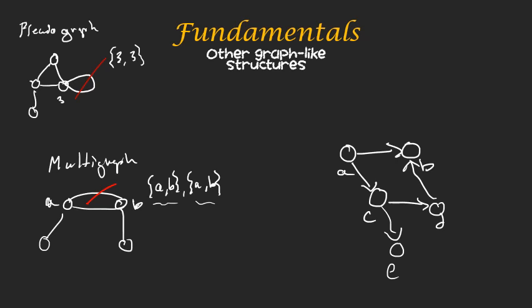The vertex set is the same, just a set of vertices, but the edge set now is different. The edges aren't unordered sets anymore, they're ordered sets. These are typically called arcs when there's a directionality to them, and we'll use our notation for ordered pairs like AB. So we can say AB is an arc, CD is an arc.